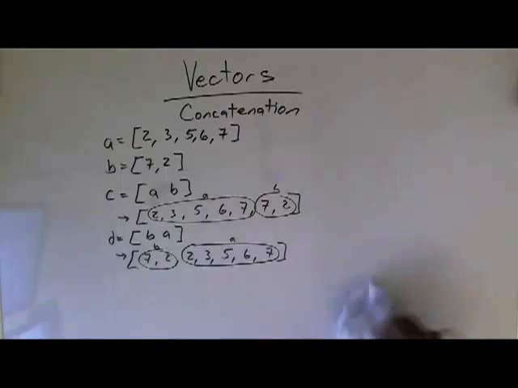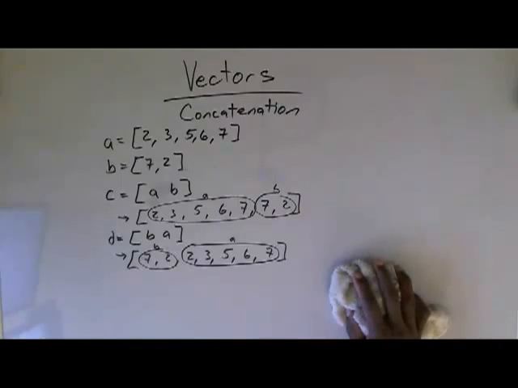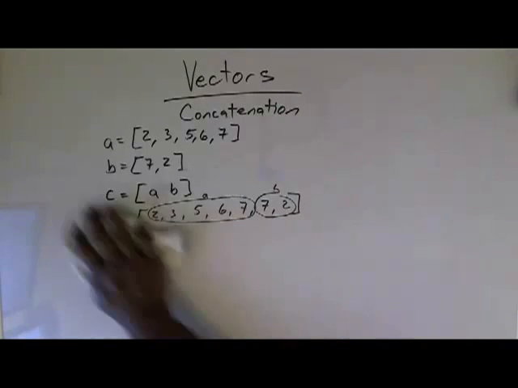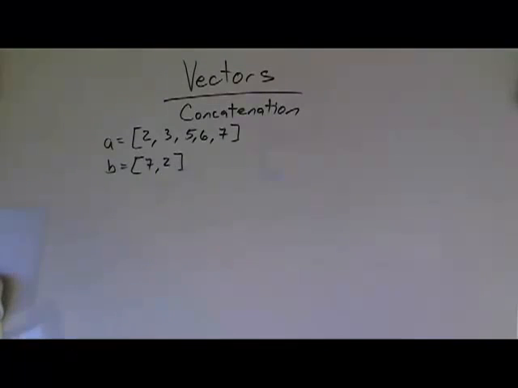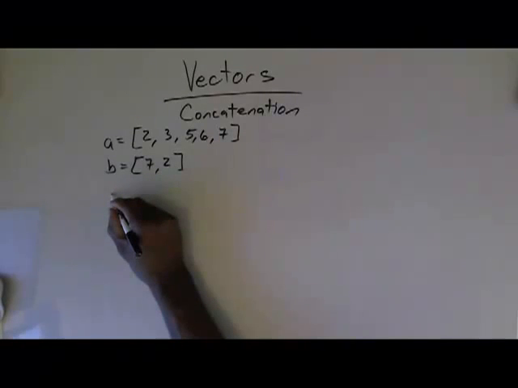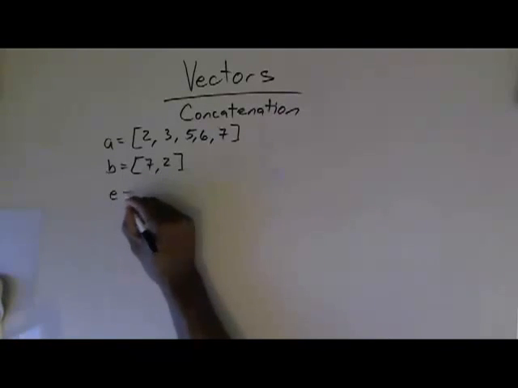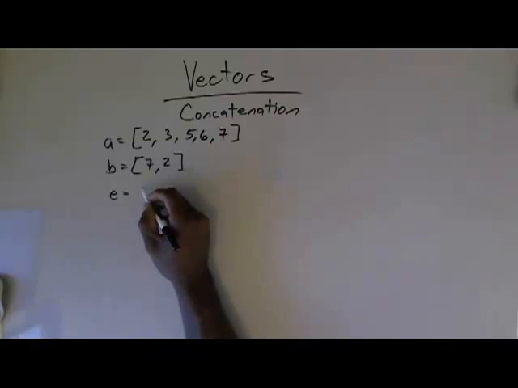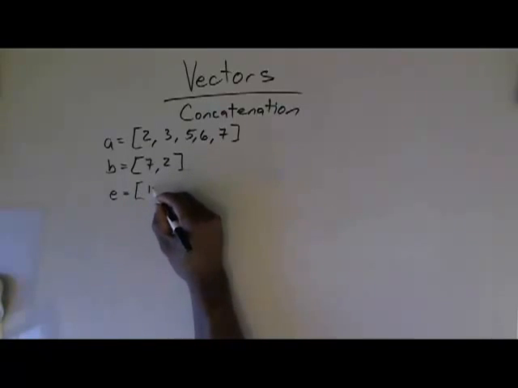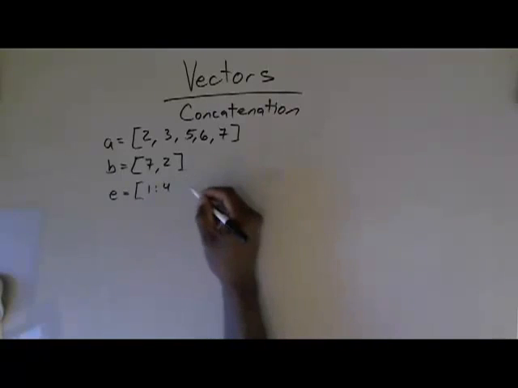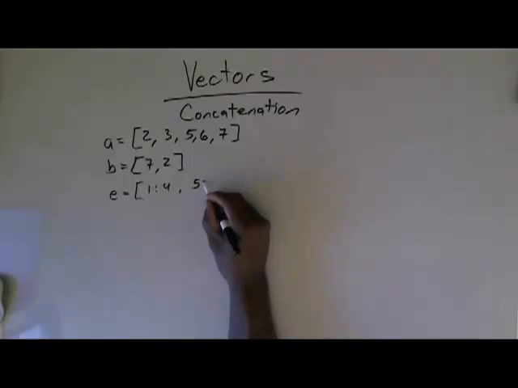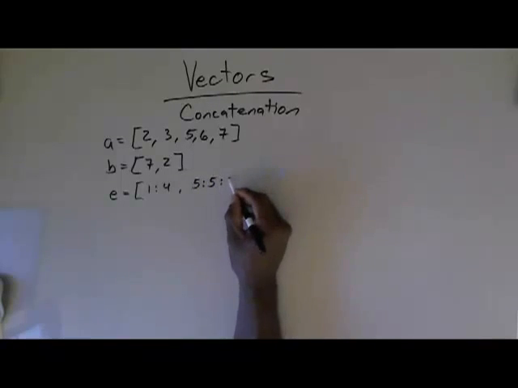You can also do, if I did something that looked like this, let's say I came back and said B equals the vector 1, 4, comma, 5, 5, 20.